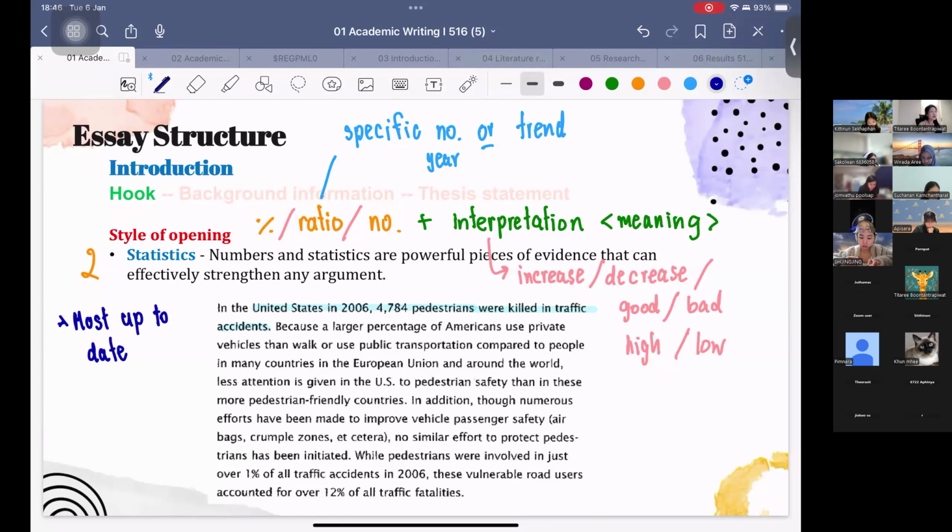Yes, I know most up to date can be a number from last year. However, if last year's number is not out yet, it can be from before that. But when we say most up to date, it would be information within 5 years.